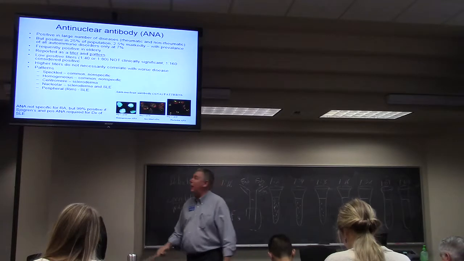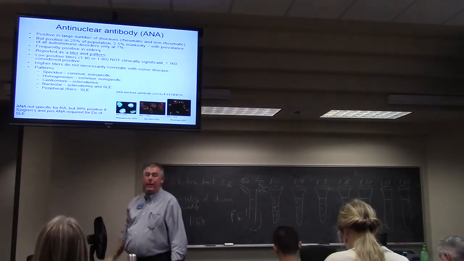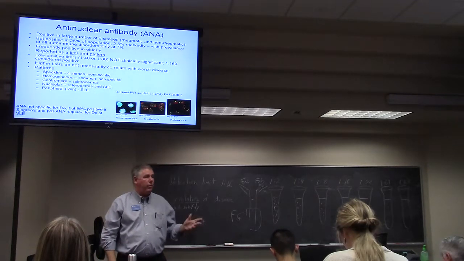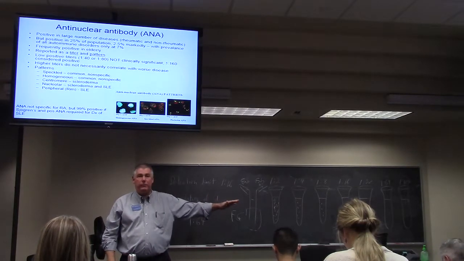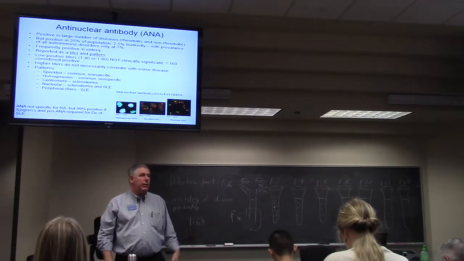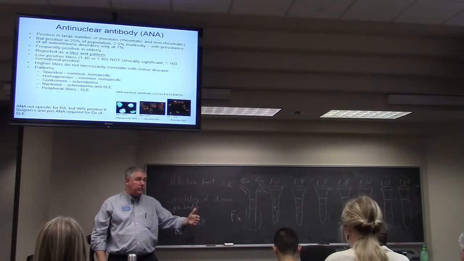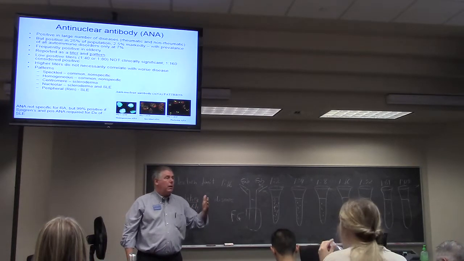Right here is your lab, and it varies between labs. Some labs, it'll be 1 to 40, some 1 to 80, some 1 to 128. It just varies. But they'll say that you have antibodies to nuclear antigens, and I'll explain what nuclear antigens are in a minute.